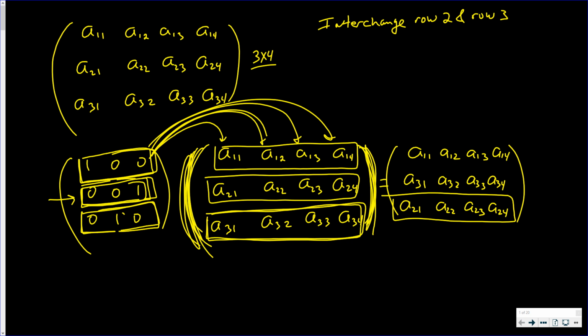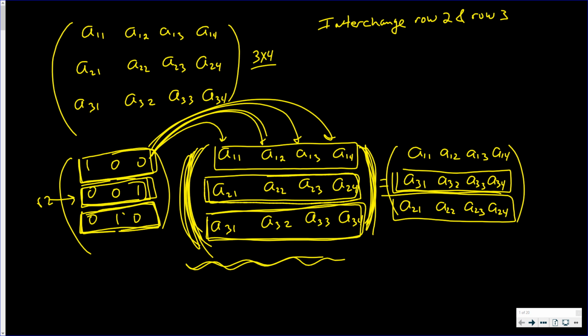But since this is row 2, I'm going to put the third row of this matrix here in the second row. And when I dot this row here with this matrix, I'm going to pick up the second row.